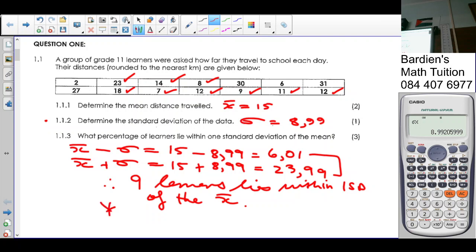The percentage. How do I work out the percentage here? It's going to be 9 over 14 times 100. So work that out. 9 over 14 multiplied by 100. That gives us an answer of 64,29%.